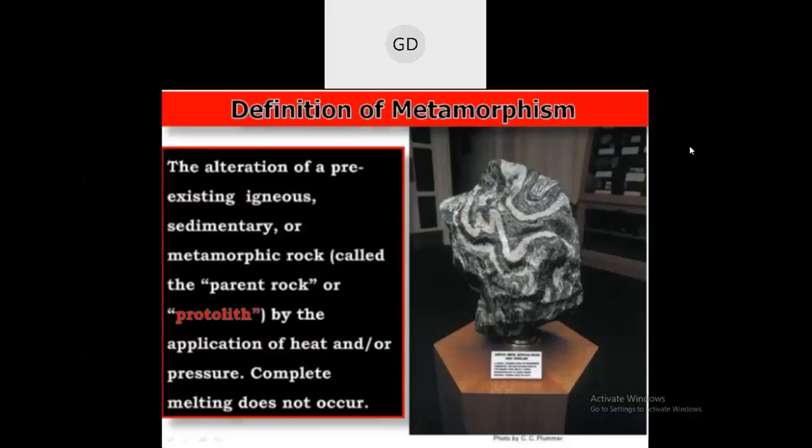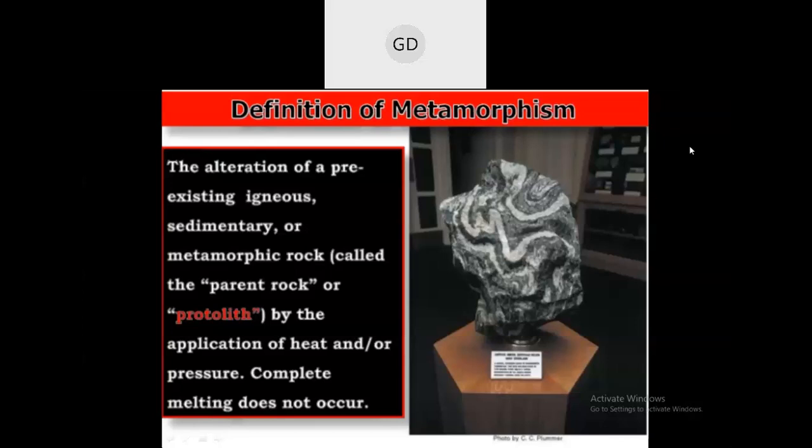When there is a change in any one or more of these parameters, temperature, pressure, and chemically active fluids around the rock, there must take place a corresponding change in the nature of the rock also. As a whole, metamorphic rock is the alteration of a pre-existing igneous, sedimentary or metamorphic rock.